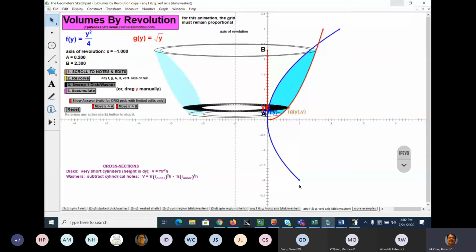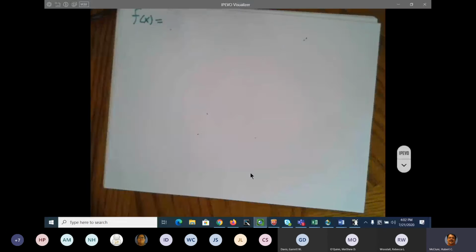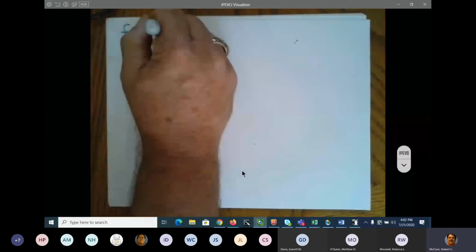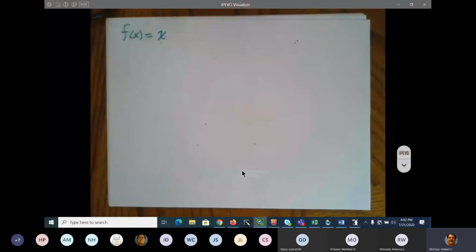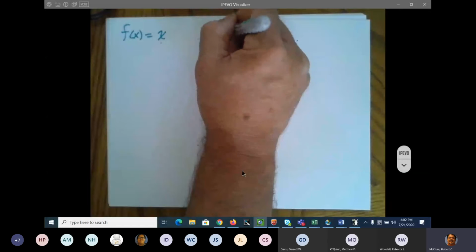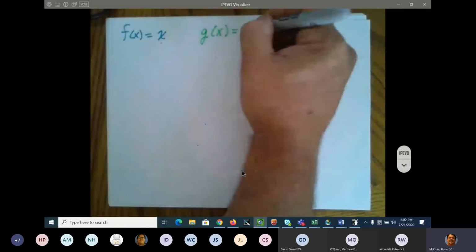If I give you, let me go with blue, f of x is equal to x, and I give you a green marker, and I say g of x is equal to x squared.